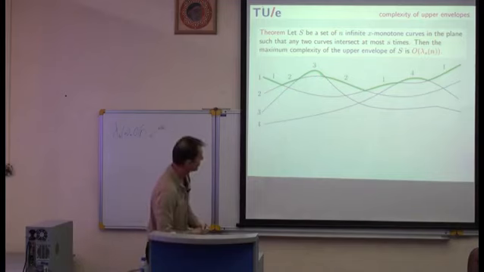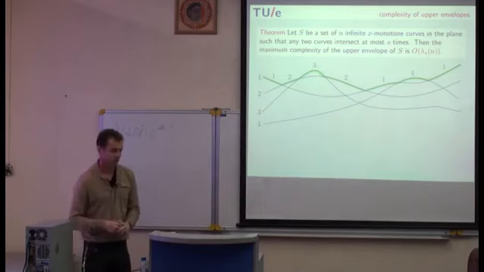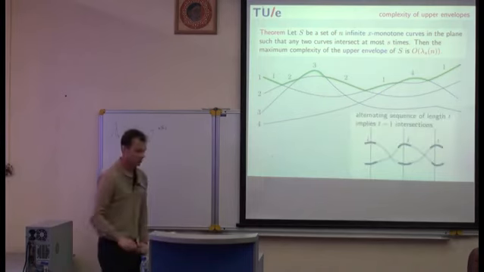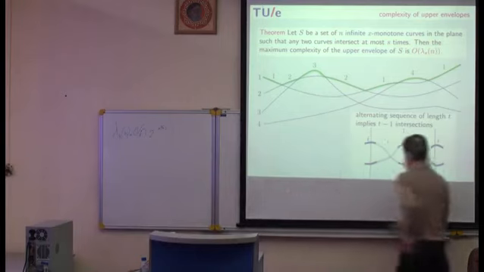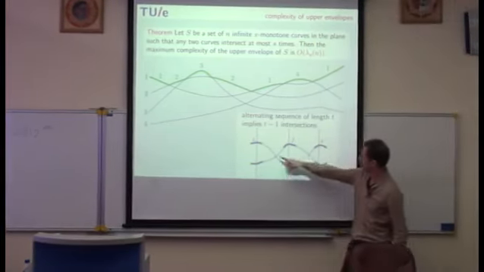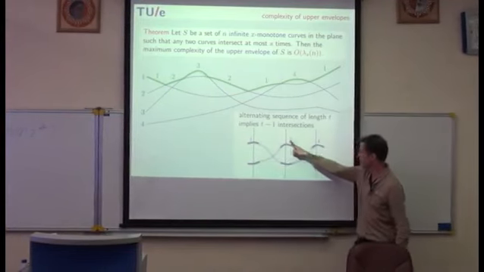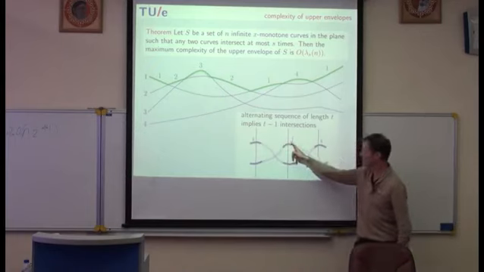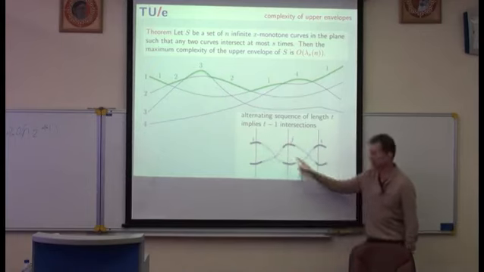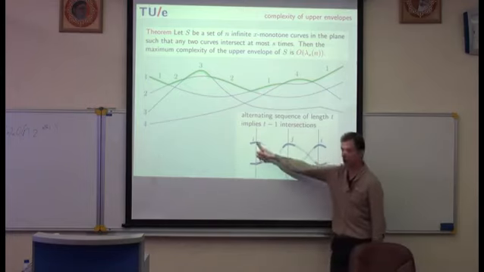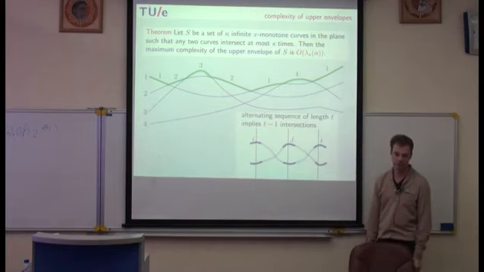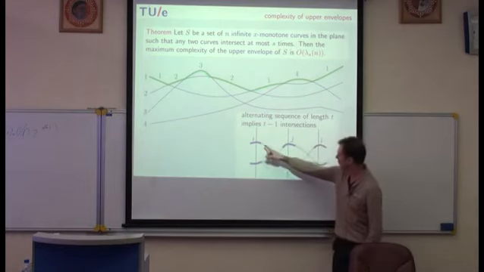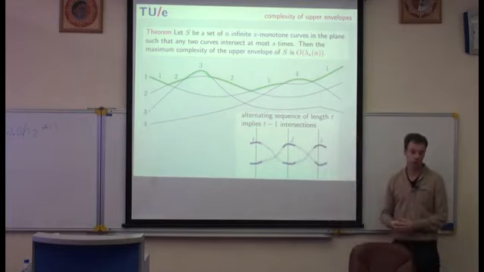So let's see, why is it a Davenport-Schinsel sequence of order s? Well, if you have something where here I have function i, then here j, and then here i, whenever I have i here and j here, in between these two must intersect, because here this one is higher. So if you have an alternating sequence of length t, then I have t minus 1 intersections.